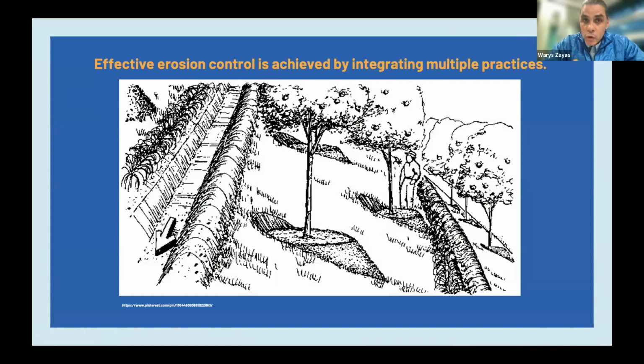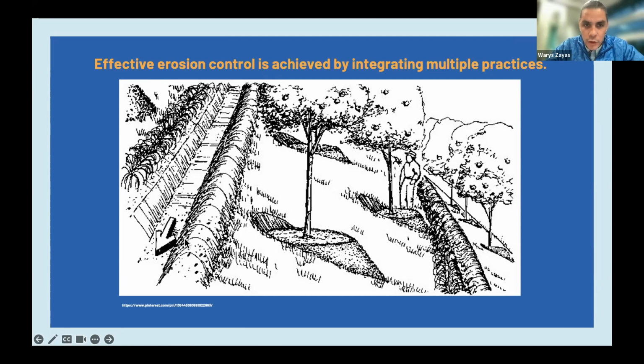The last thing I want to recap is that effective erosion control is achieved by integrating multiple practices, right? As we can see in this drawing, from a Honduras document I found online. It's kind of old, but it's really good because here we can see many of those erosion control practices in the field.